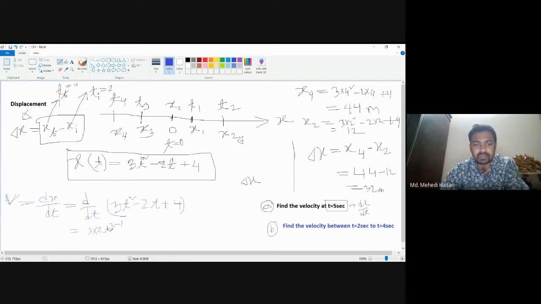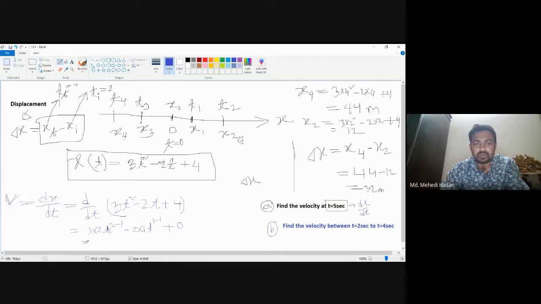So n x to the power n minus 1 was there, here it becomes n t to the power n minus 1, that means 2 into 2 minus 1, minus similarly 2 into 1, then t to the power 1 minus 1, okay, plus 0. So 4 is a constant. If we differentiate 4, it should give you 0.